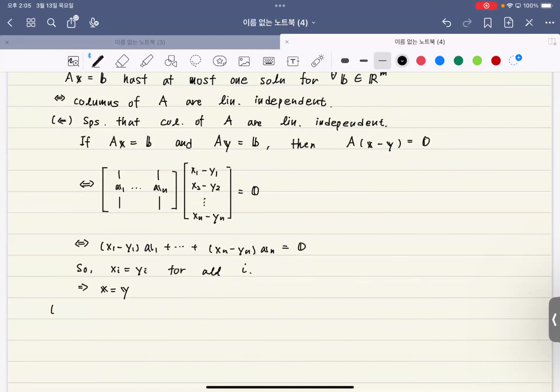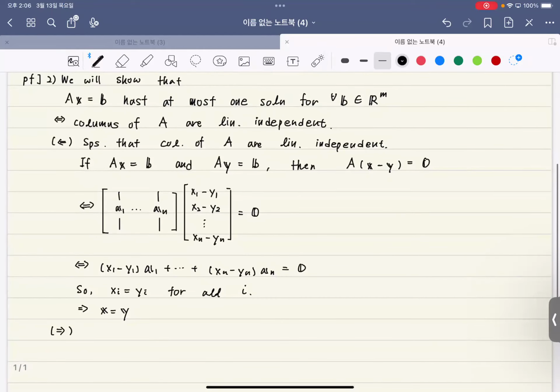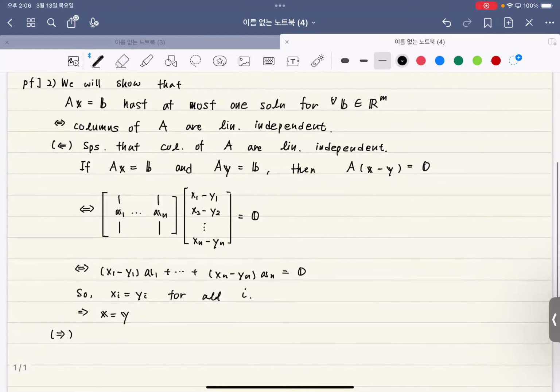Okay. The other direction, the only if part of the statement. Now I have to assume that Ax equals b.